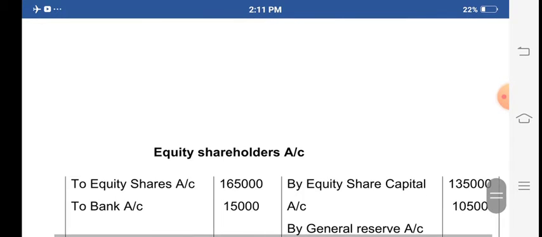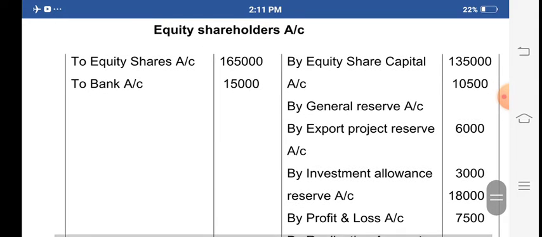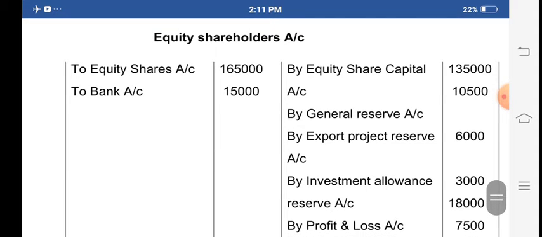Now see, the equity shareholders account also we have to prepare. How to prepare it? On the debit side, whatever was bifurcated we just have to take: to equity share account 1,65,000, and to bank account 15,000. On the credit side, by equity share capital account, it is Y Company Limited, because the transferor company we have to take.